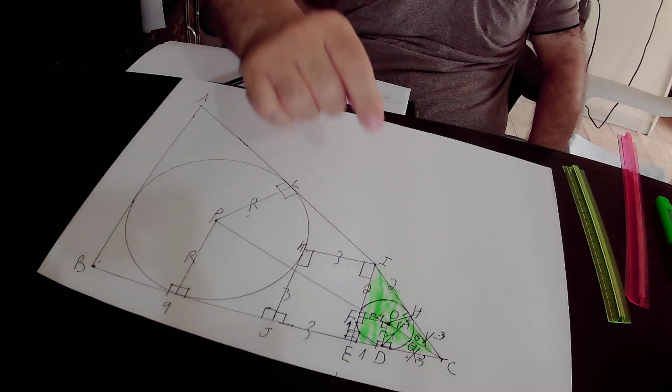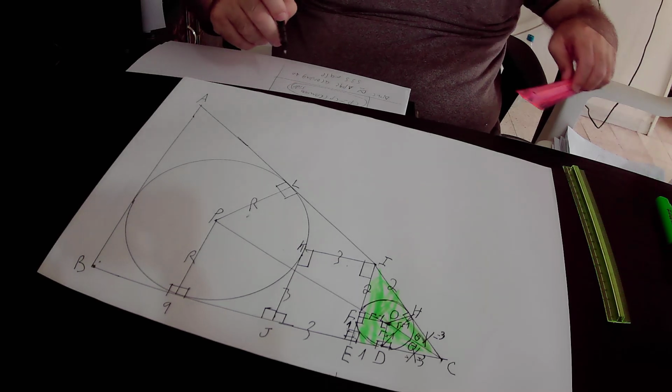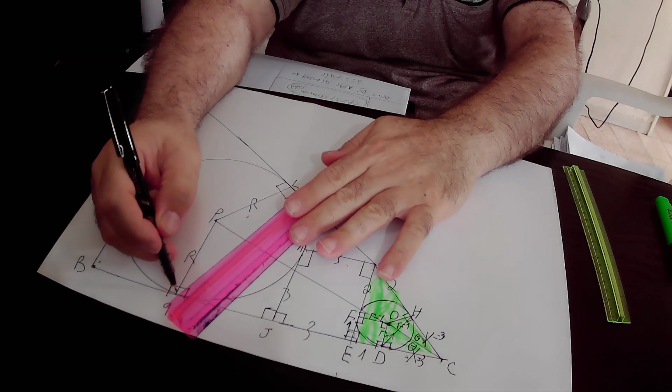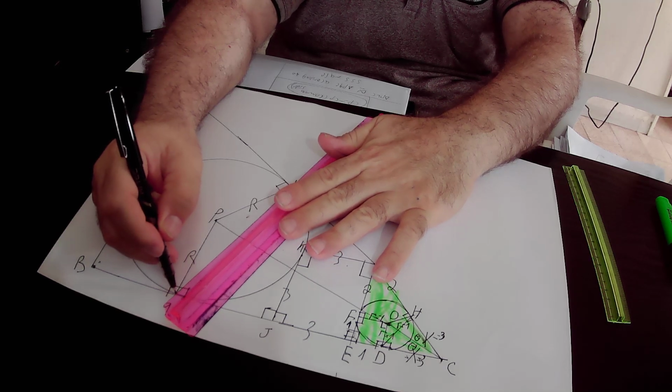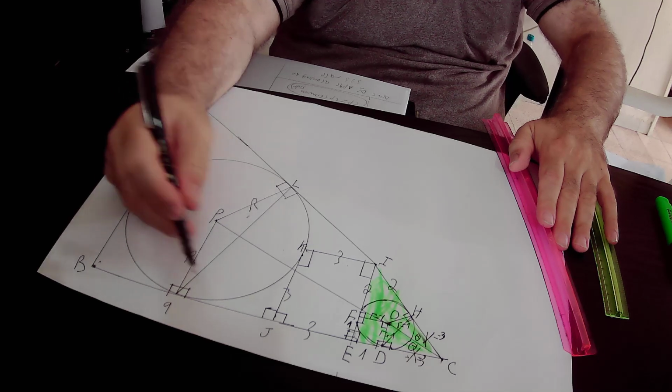So here we will join points Q and L together by a straight line. By joining points Q and L, we created here triangle LQC.